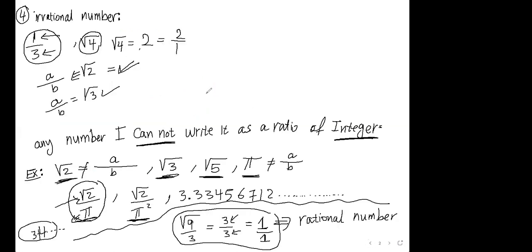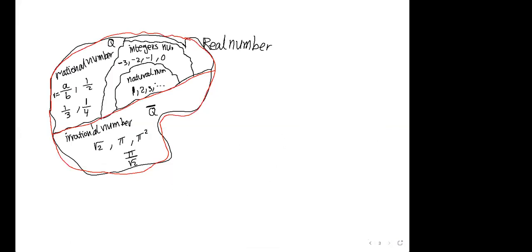Here, rational numbers are denoted by Q, and Q with a bar means irrational numbers. Integers are denoted by Z. Natural numbers are denoted by N. Look like this. Okay. Any questions so far?